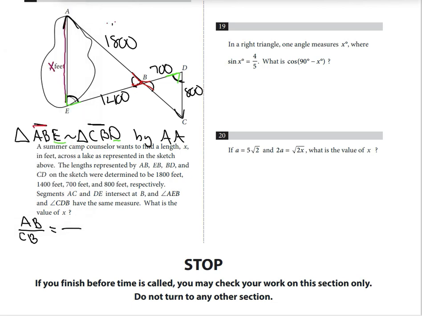And actually, let me double check what sides we want. Since we don't know this side, we don't know BC, let's not use that relationship.